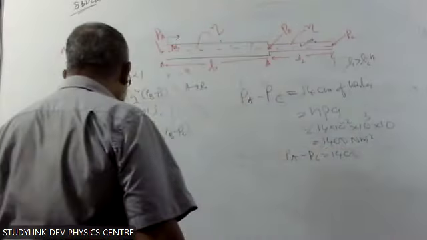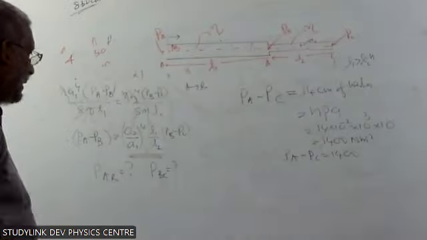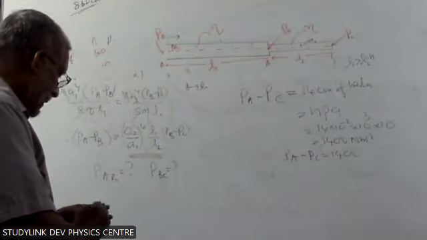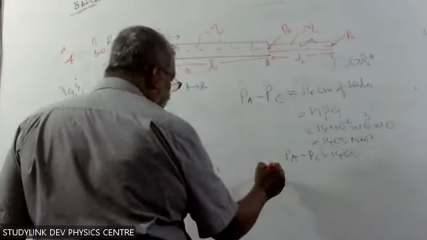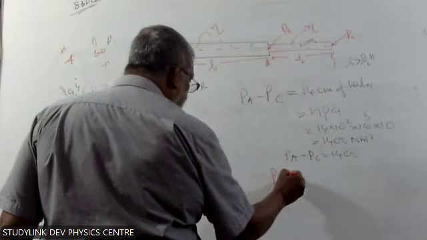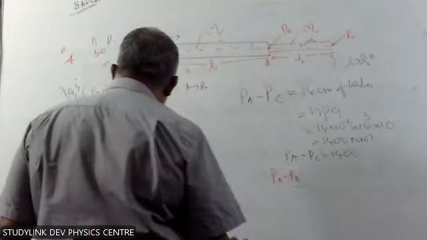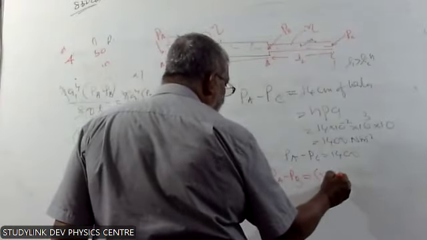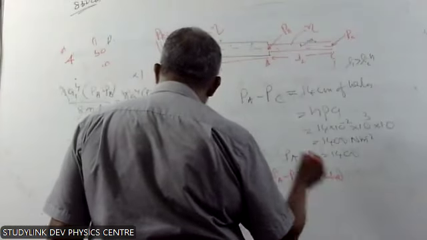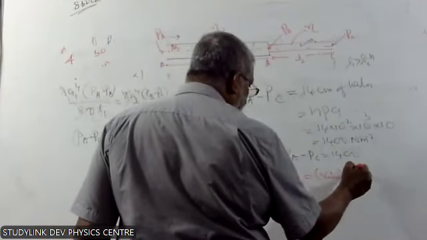Now you have a problem. Here, from here, PA minus PB is equal to a certain value into PB minus PC.